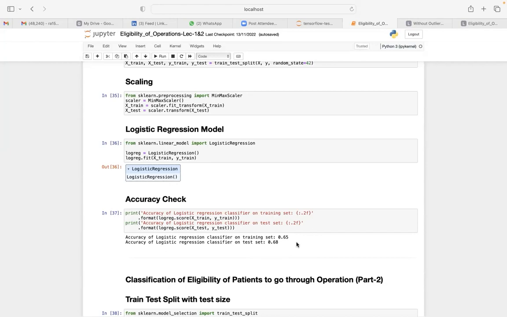Okay, when the train accuracy is low and test accuracy is high. If it's vice versa, then we might be underfitting.